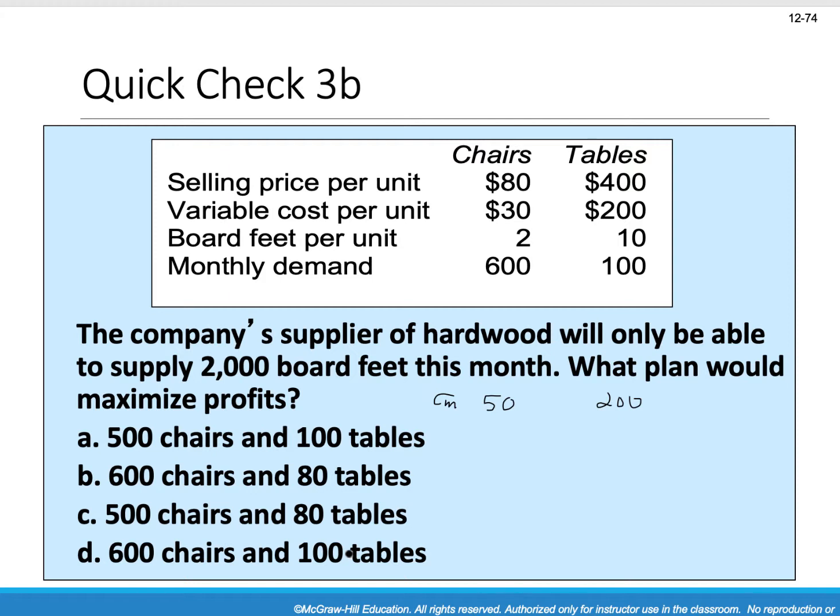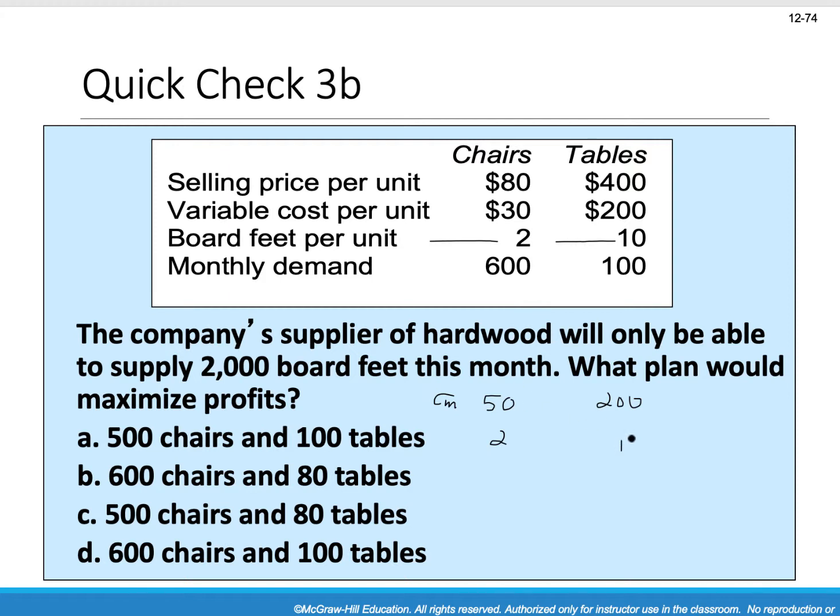Okay. The second thing we need to do is figure out how much material goes into one of these units of chairs and tables. They give us that information right here. They say, hey, board feet. So we want to figure out what is the contribution margin that we get by using a foot of board, right? So we know that the 2 is the amount of board feet that go into a chair.